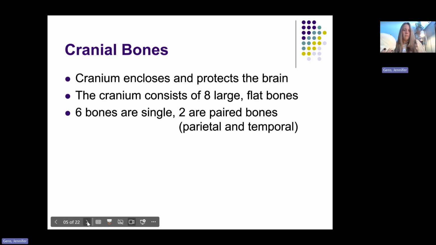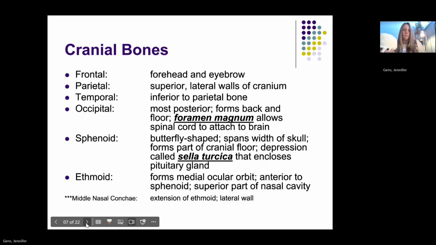So the next slide. So cranial bones, what we're considering cranial bones, again, frontal, paired parietal on either side, paired temporal down here, the occipital singular bone here, the sphenoid going through the skull here.